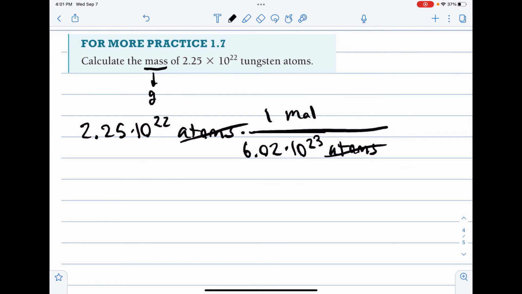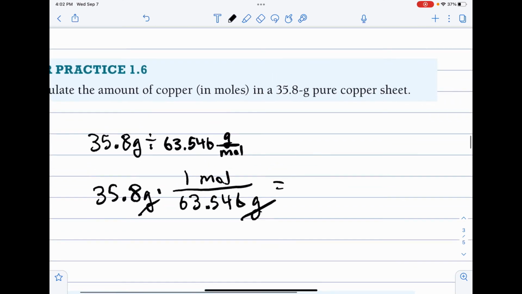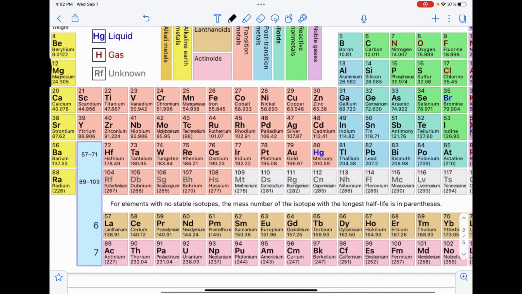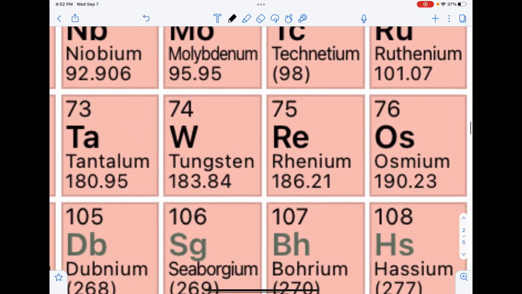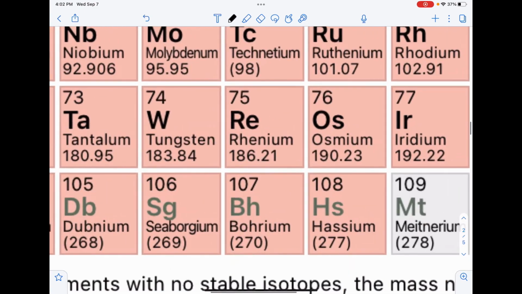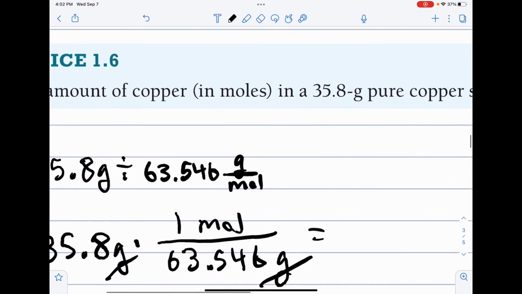What do we do from here to get mass, aka grams? What number has mass and moles in it? Molar mass. And we can use that to cancel out and convert between the two. So if we go to our periodic table, we can find tungsten. It is W, and it's 183.84 grams per mole, because this other number, 74, is the atomic number, the number of protons.